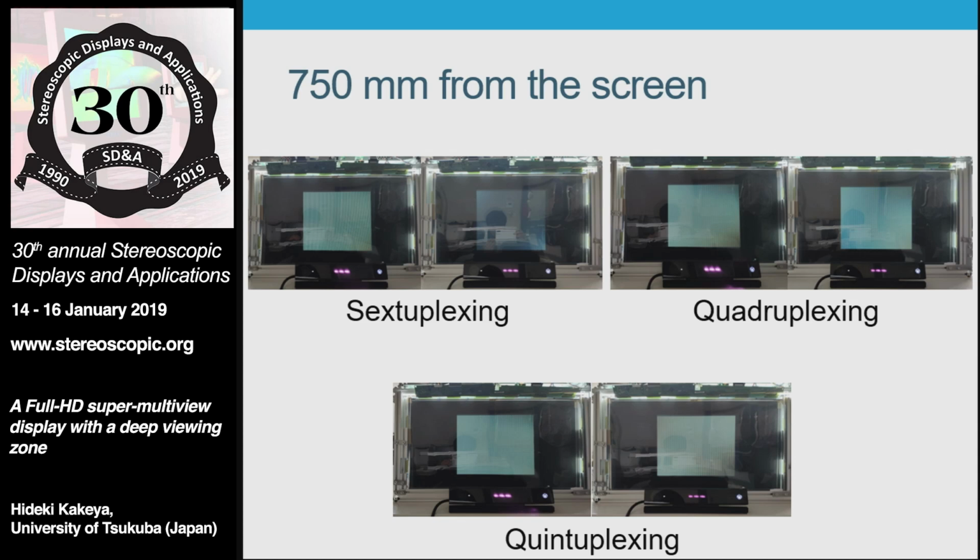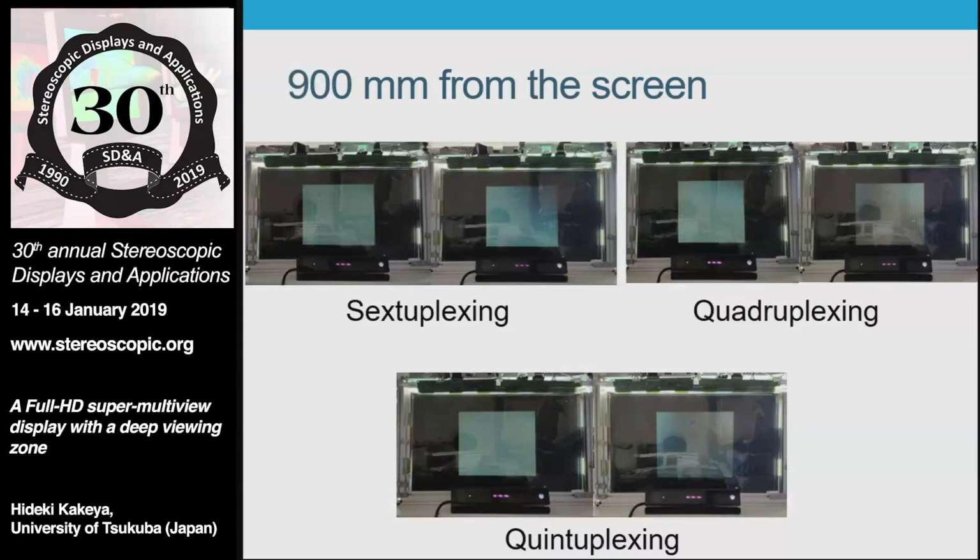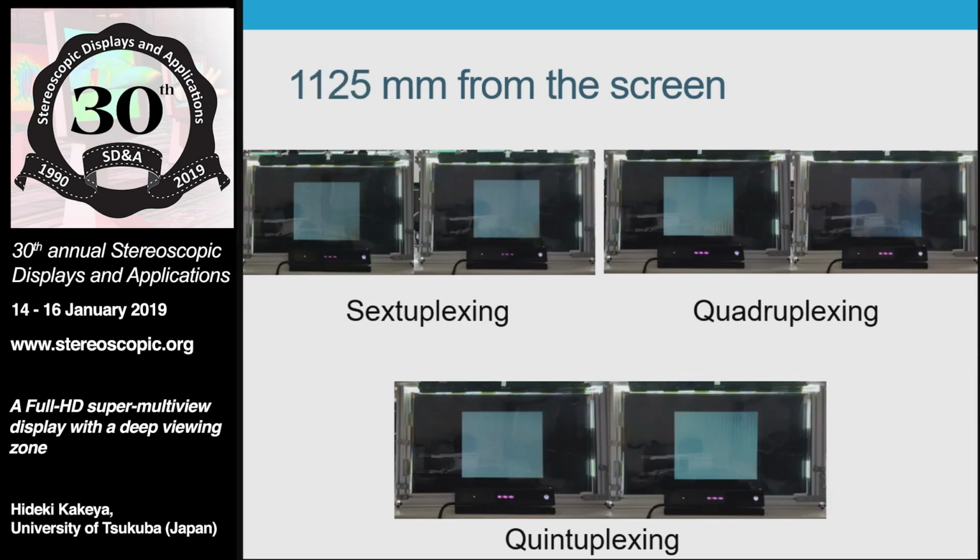With sextuplexing, it works when the viewer is 750 millimeters away. When the viewer is 900 millimeters away, quintuplexing is the best. When the viewer goes farther, quadruplexing is the best. So we can show two different images to the left and the right eye by applying adaptive time division multiplexing.